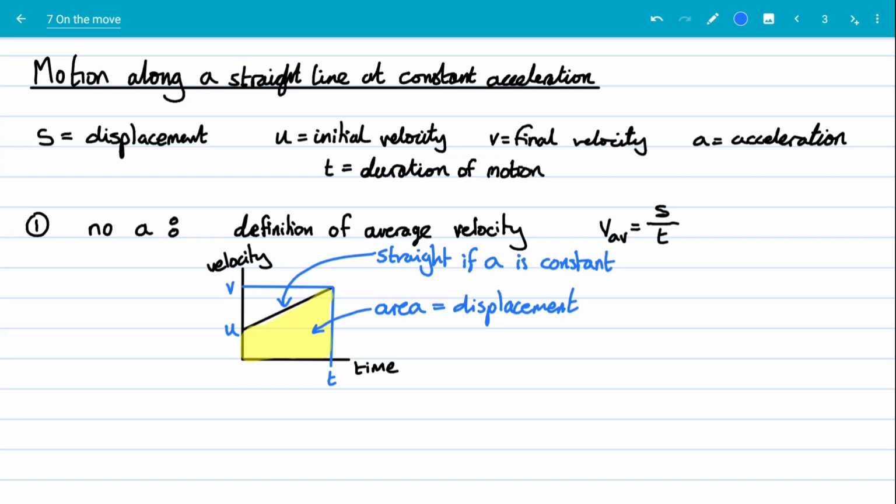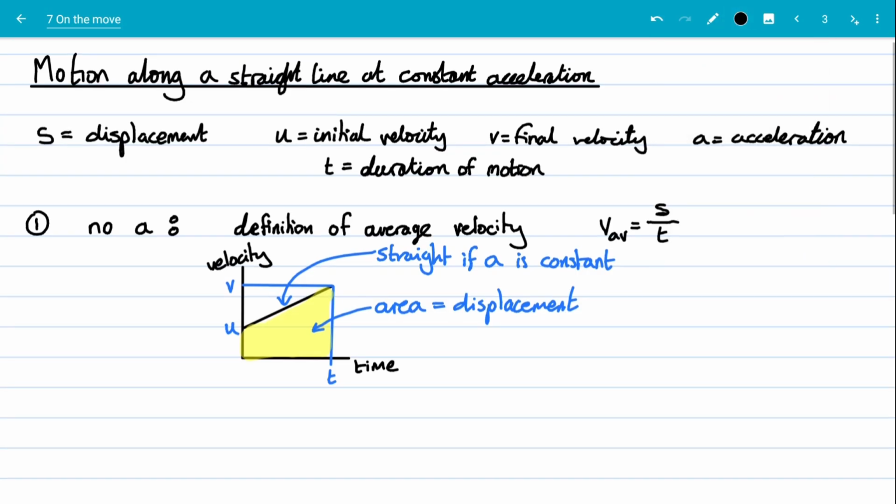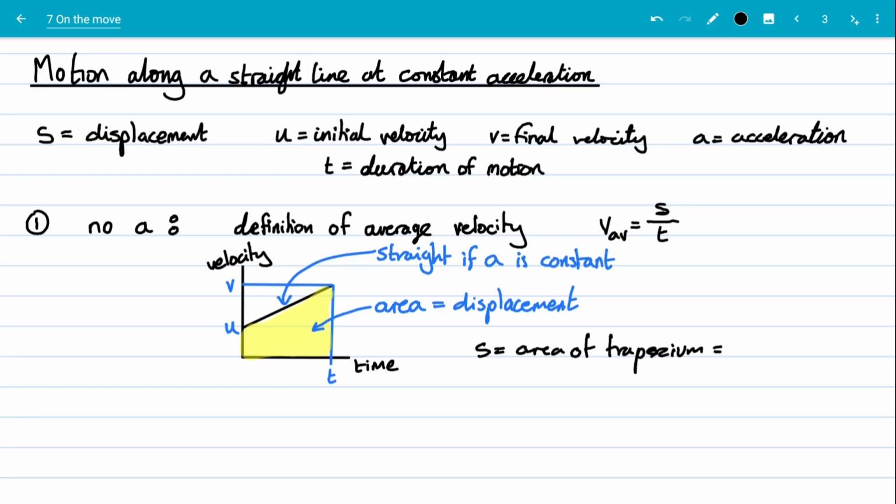We're looking for the area. This is a simple trapezium, and so the area of the trapezium, S, is going to be equal to the average of V and U, which, because it's a straight line, is just going to be V plus U divided by 2, multiplied by T. I don't even have to put the dot there.